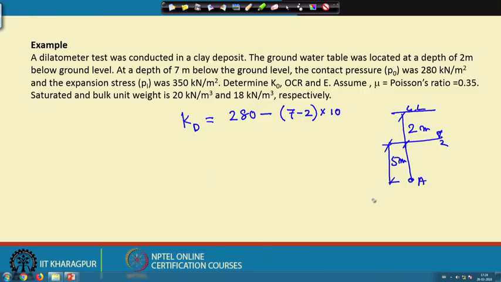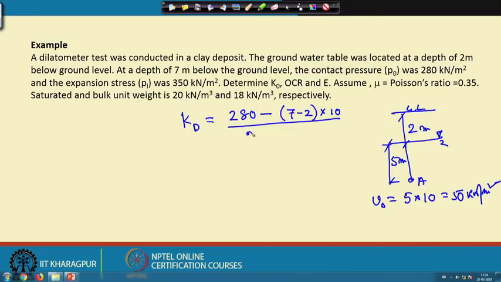So, our pore water pressure u0 will be 5 into 10, that is 50 kilonewton per meter square, where 10 is the unit weight of water, and then divided by the effective vertical stress.